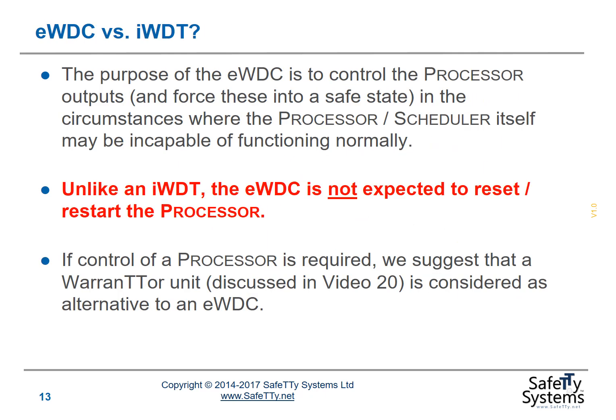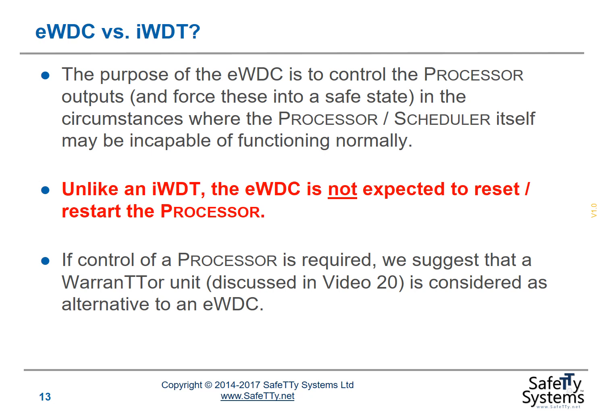How does an EWDC compare with the internal watchdog timer? These are different things. The names are similar, but we use watchdog controller versus watchdog timer to try and help emphasize the difference. The purpose of the EWDC is to control the processor outputs and force these into a safe state in the circumstances where the processor or scheduler is not capable of functioning normally.